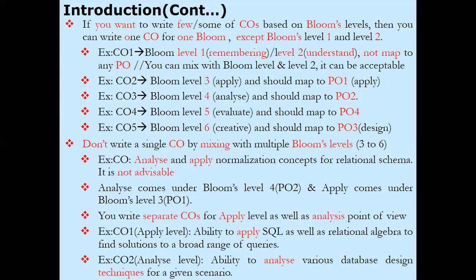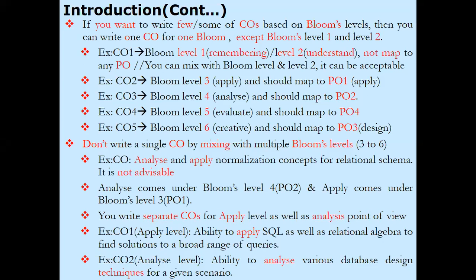For example, if you are writing CO2 based on Bloom's level 3, then you have to map this particular CO to PO1. If you are writing CO3 based on Bloom's level 4, I mean the analyze level, then you have to map it with PO2.